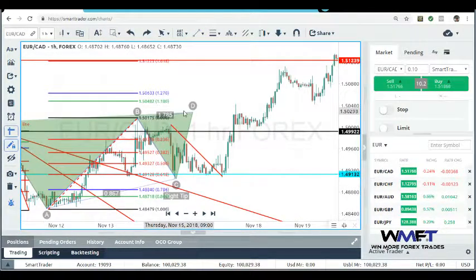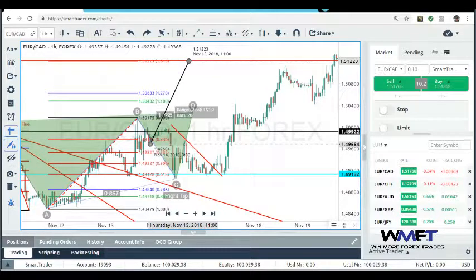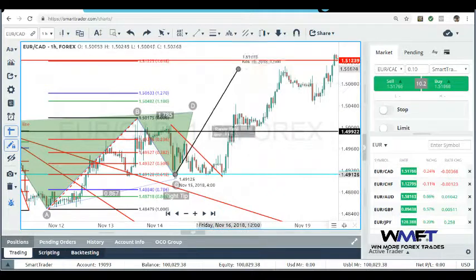And those buy trades would have netted you, first trade, 155 pips. Second trade, 212 pips. So that's about a total of 360 pips.